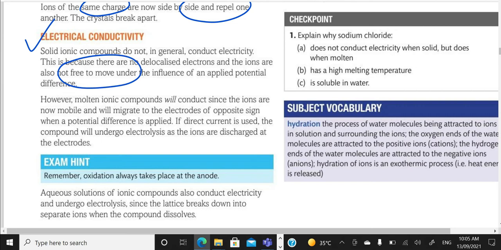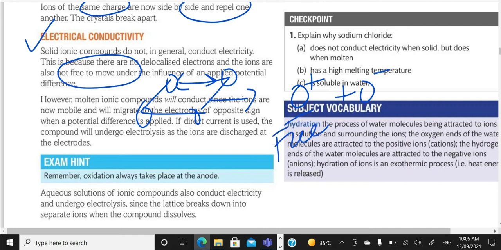Now, when we talk about sodium chloride or any of the ionic substances in solid state, the ions are stuck on their positions and they are unable to move, okay? But when you dissolve them into water, both the ions, the positive and the negative ions, are free to move, okay? So when they're free to move, they become good conductors at that particular time, okay?